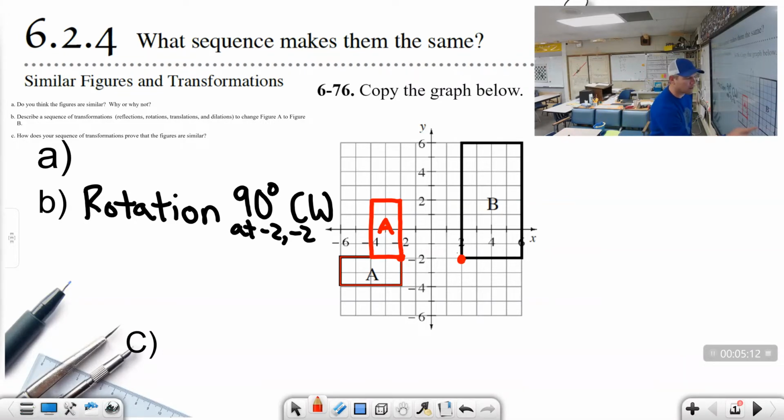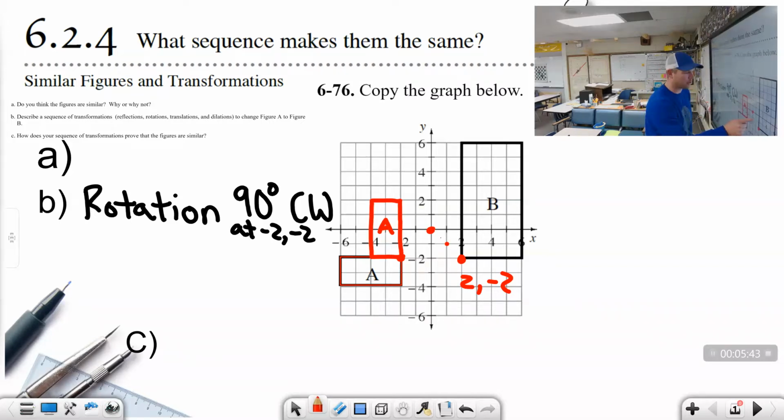So here we go. If I notice this bottom corner is at 2, -2, and I also know I am going to dilate it times 2, I need to work backwards and think, if this is twice the distance from 0 after dilation, where is the halfway mark?